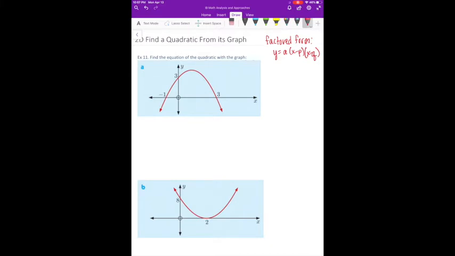Okay, so we use factored form when we're given the x-intercepts. Okay, there's also vertex form.